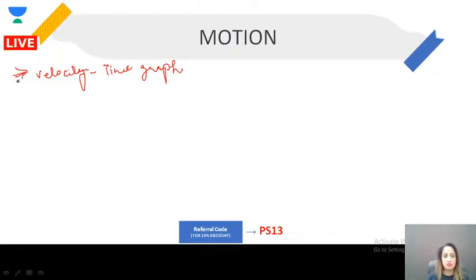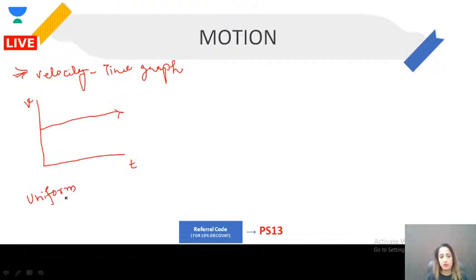Uniform velocity is what? This is the graph, velocity on this side and time on this side, and something is moving at this velocity. Velocity is not changing, right? So this is called the object is moving with uniform velocity.